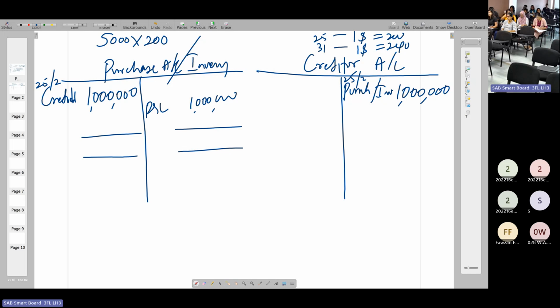If this is an asset, inventory, you should bring it into next year's beginning, balance carried forward, balance brought forward. You are not going to change the figure. 1 million is 1 million. Historical rate.